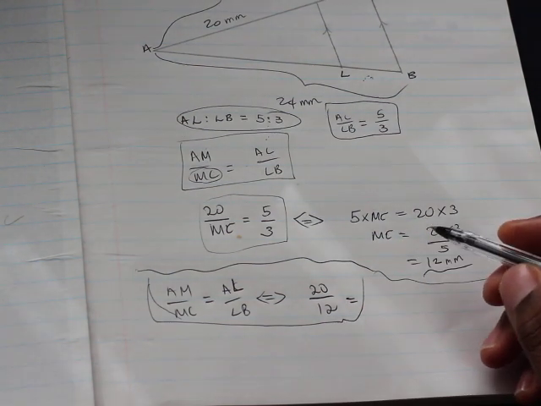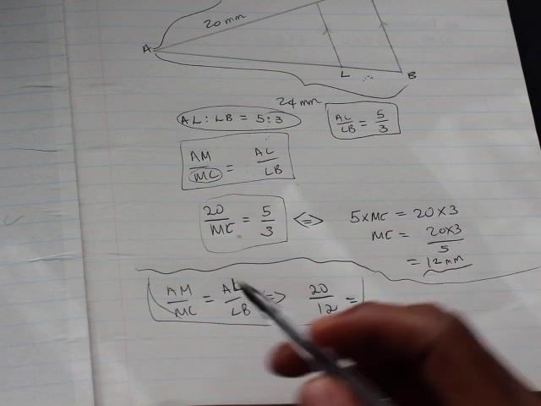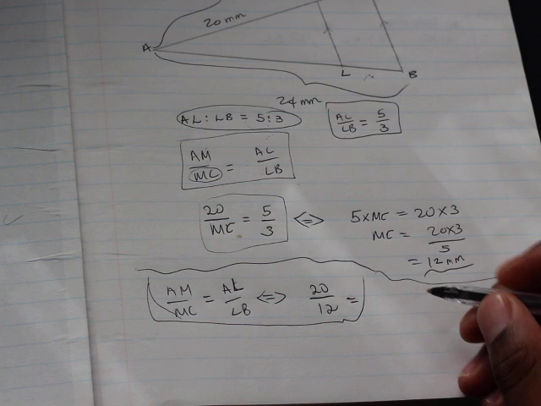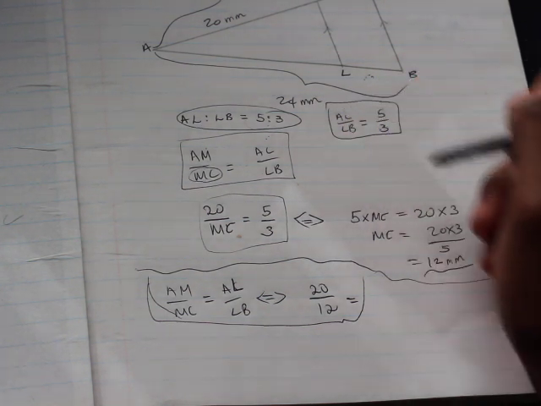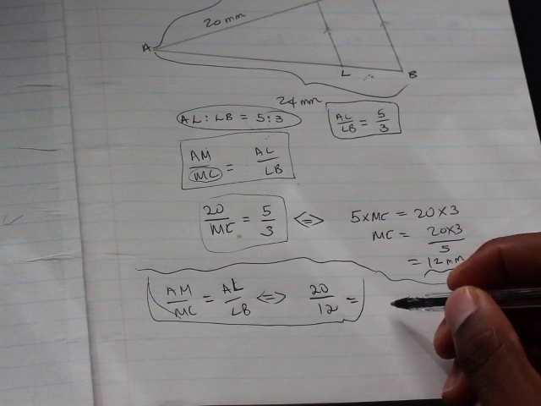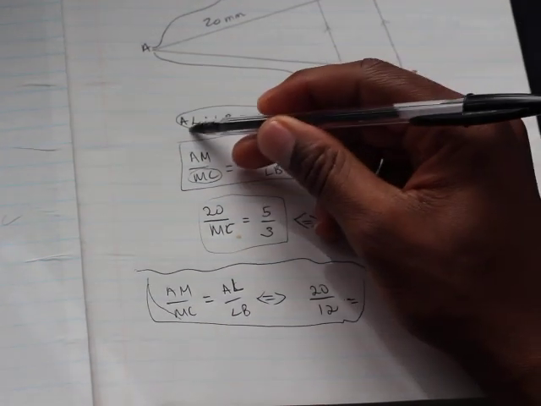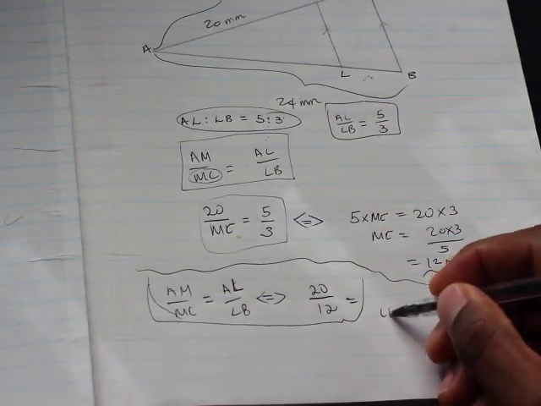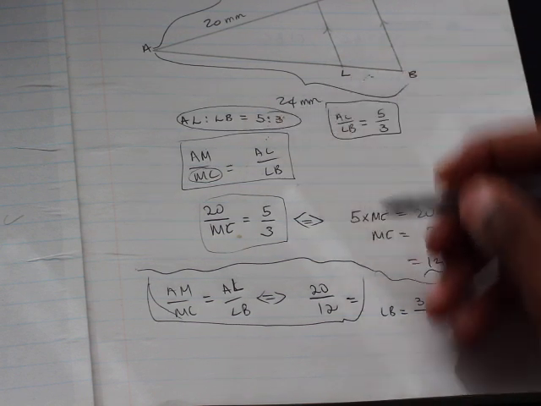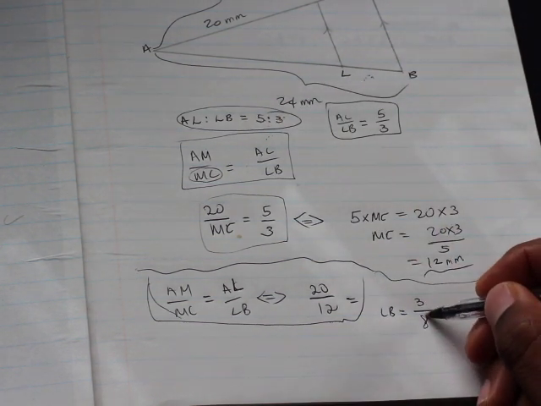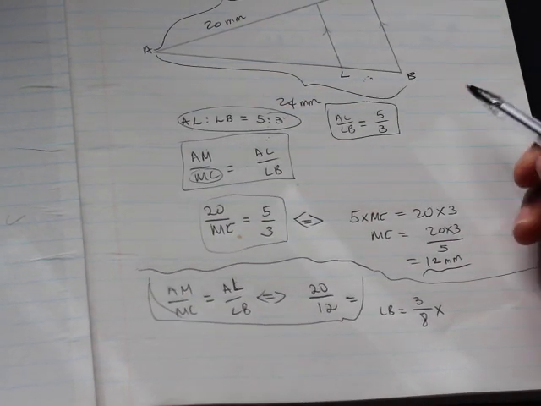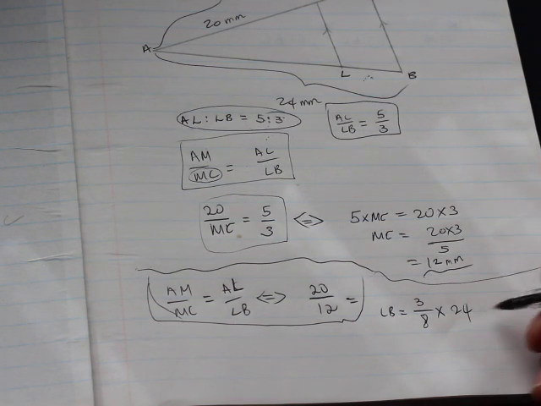We want to find LB now. We know that the ratio of AL and LB is 5:3, meaning we need to split the 24 that's given. LB takes on the 3 and AL takes on the 5. So LB is 3 over 5 plus 3, which is 8, times the whole length, which is 24.